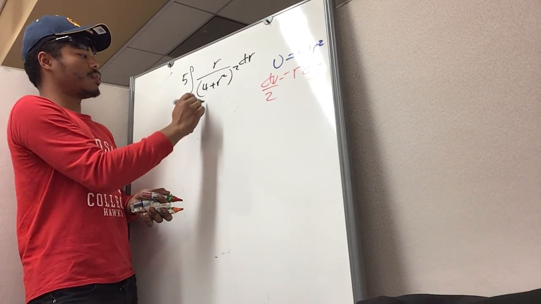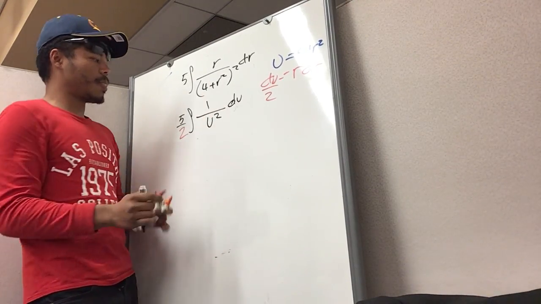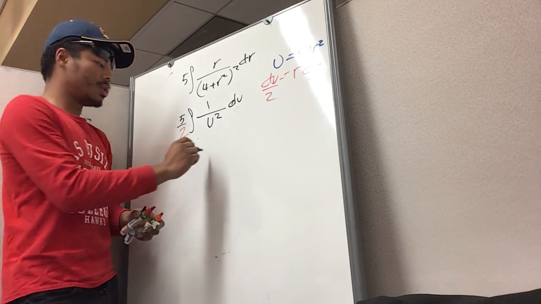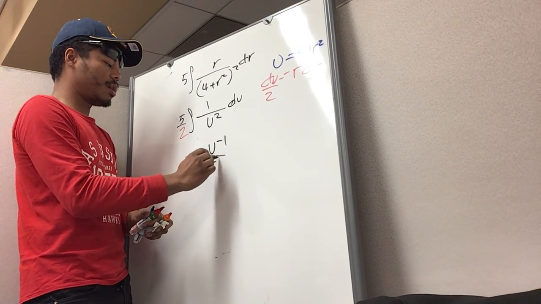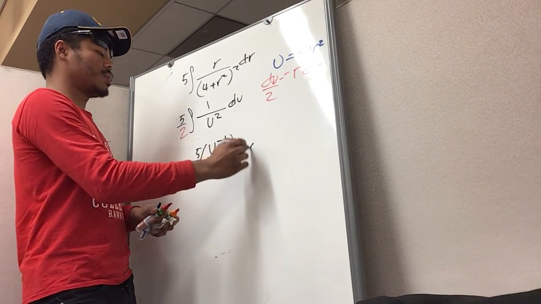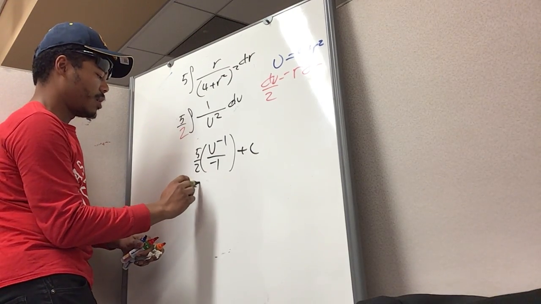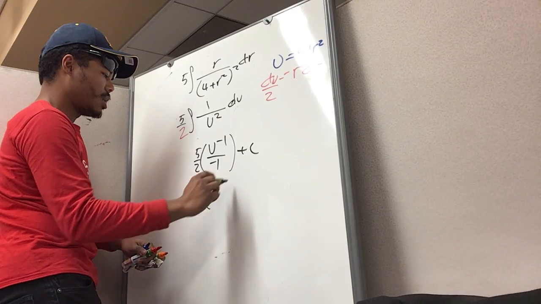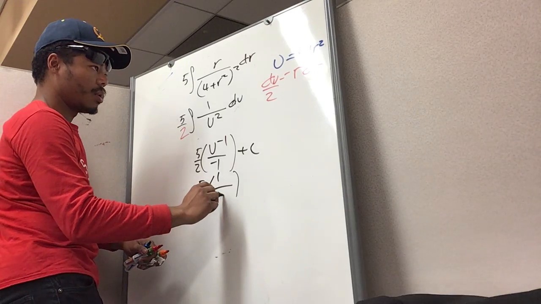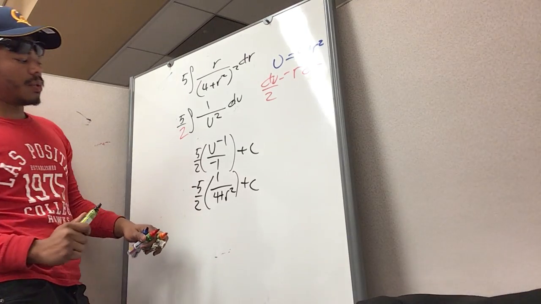The 2 is here. So 1 over u squared du. When you integrate, you're going to get u to the -1 divided by -1 times 5 over 2. Put u back in. This is -5 over 2 times 1 over 4 plus r squared plus c, and then plug in the bounds.